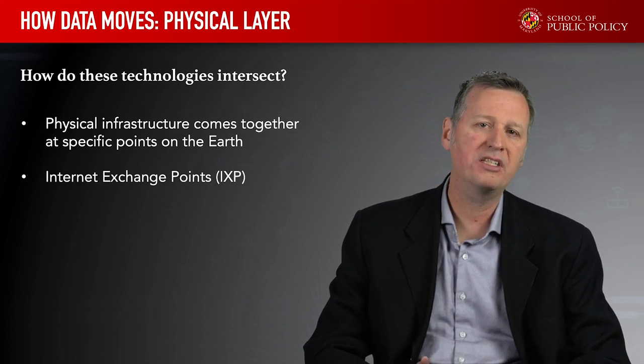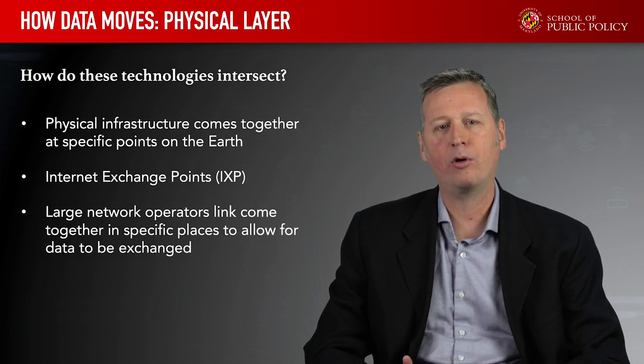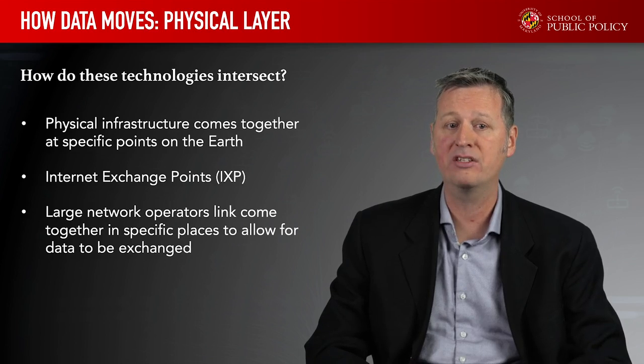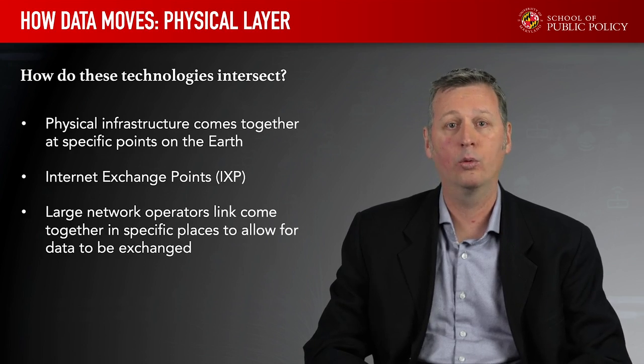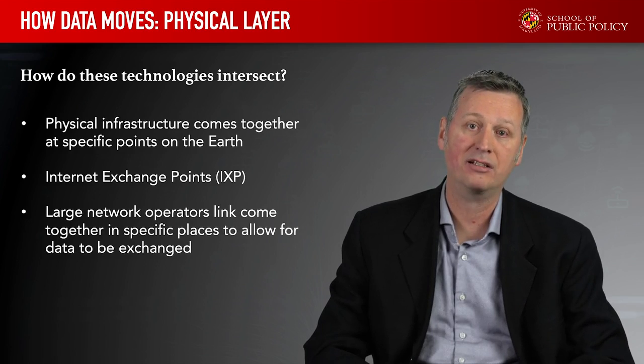We call those specific points Internet Exchange Points, or IXPs. Large network operators come together at those specific Internet Exchange Points that allow the data to actually be exchanged. So different physical mediums, fiber optic can work with microwave technology, which can work with satellite-based technology.